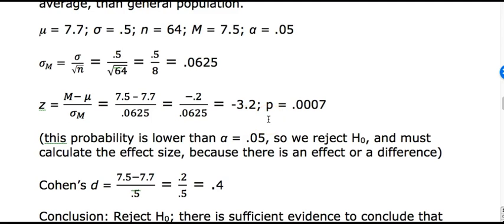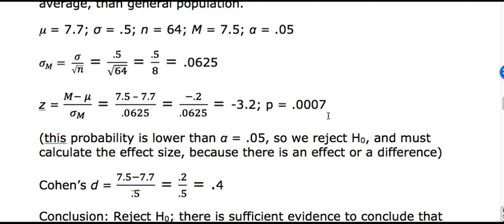Looking that up in the standard normal table, or the z table, our probability is 0.0007. The beauty of dealing with the left side of the distribution is that whatever is in the table is what we report, which is really cool.